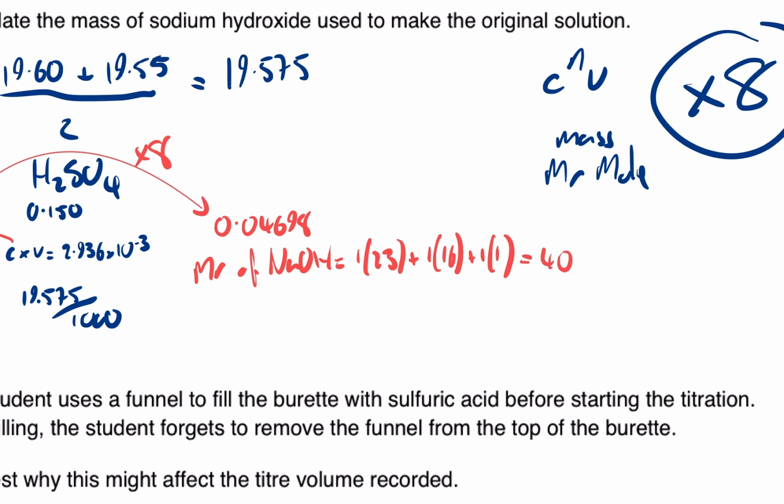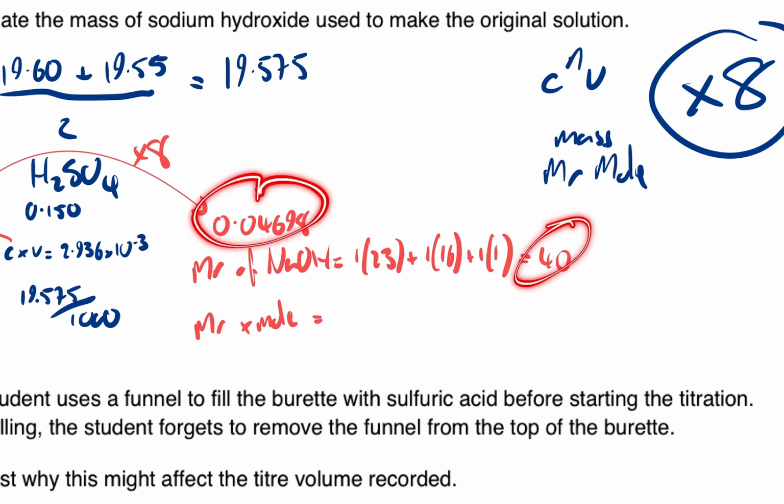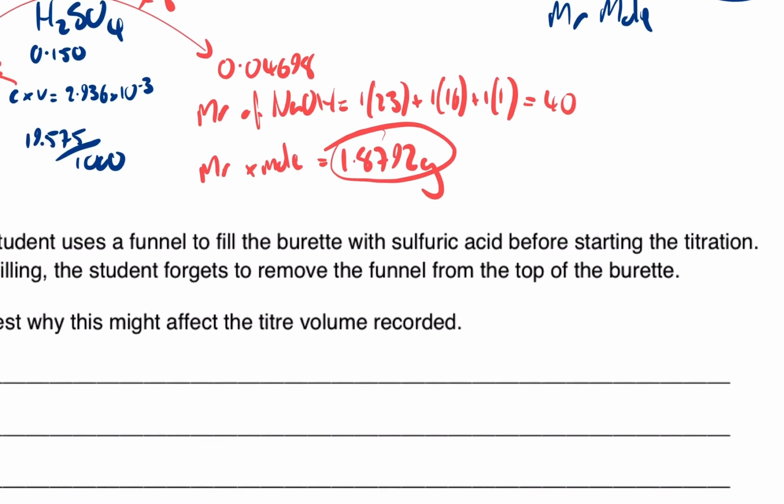And now, to work out my mass, I'm going to do Mr times mole, which is 40 times our value here, getting us to 1.8792 grams. Perfect. Couple of other bits.